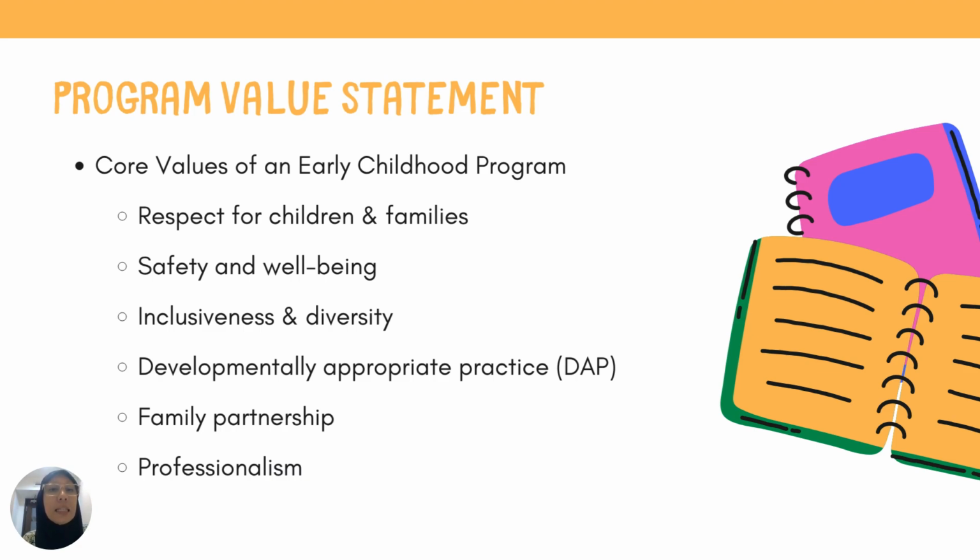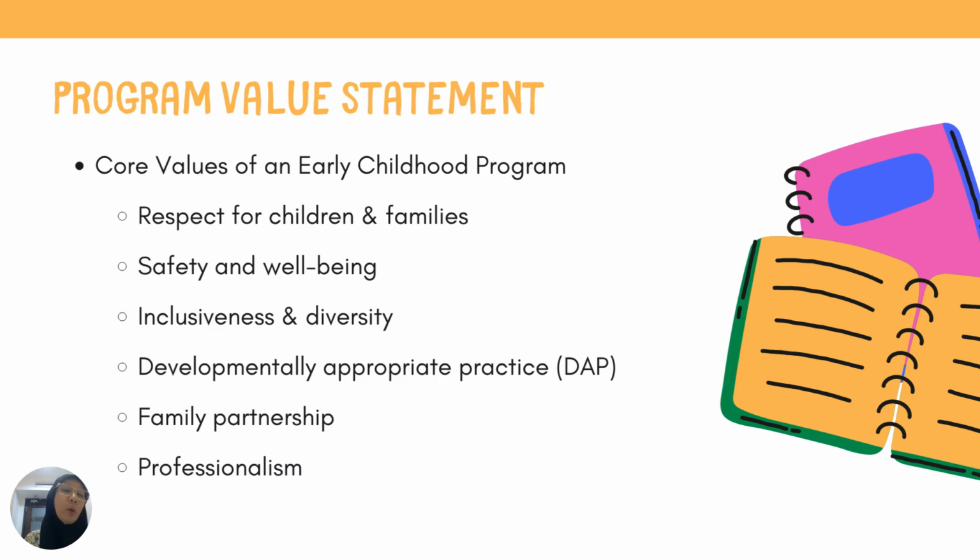Secondly, safety and well-being. It's one of the most important values that we should focus on when we talk about early childhood education: the safety and well-being of the children. Not only that, we also have to look at inclusiveness and diversity of the children in our center.